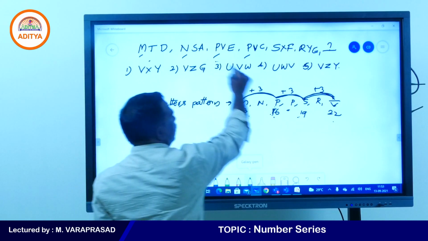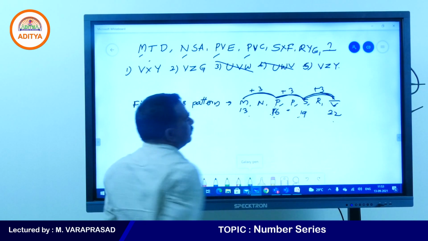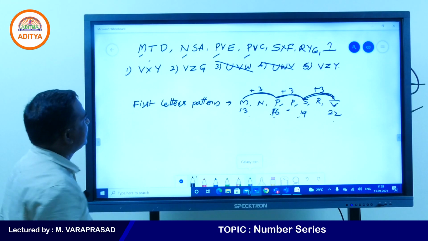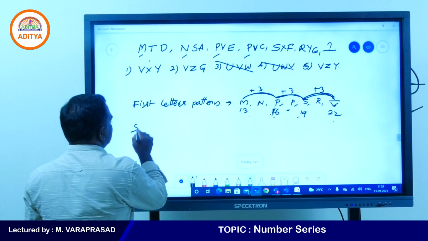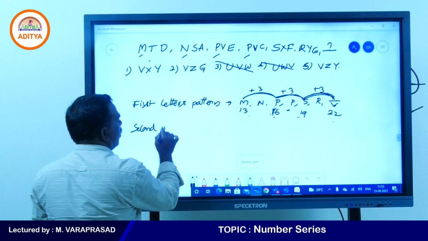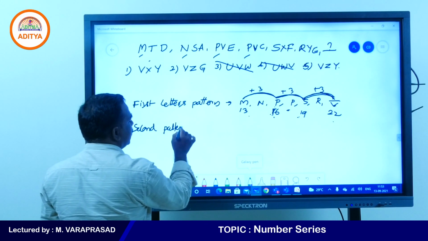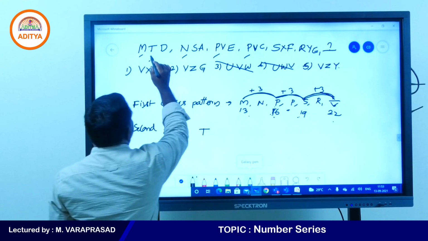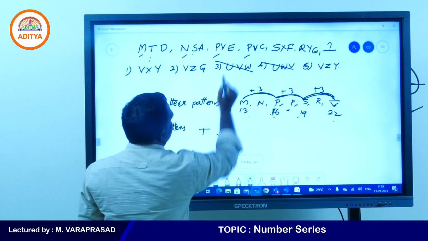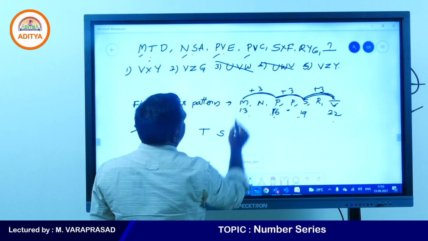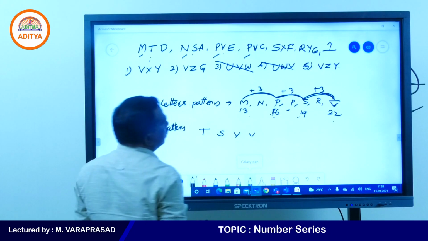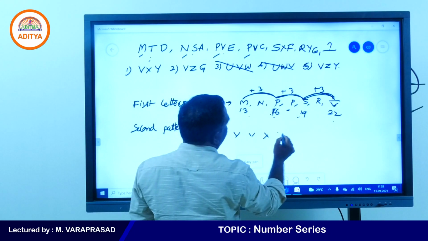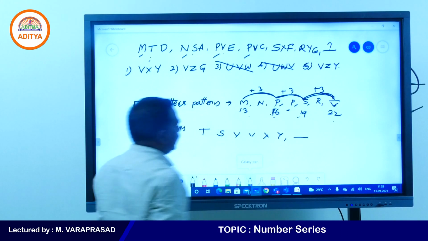So this is not required, this is also not required. So go for the second letters. What is the second letters pattern? Alternate letters we are taking. If we take the second letters pattern here, D, T, S, V, again V, X, Y, and what will you get here?